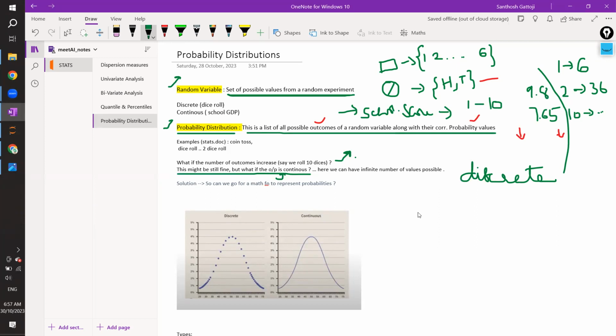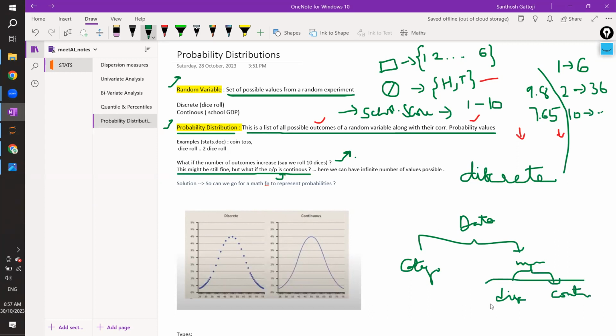Where I have told you, you will have two types of data. I'll just give you a recap. Data is divided into two types broadly. One is categorical, one is numerical. In numerical, you have discrete, and another thing is continuous. Now we are focusing on this part.